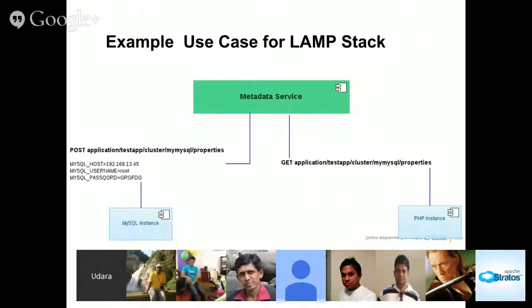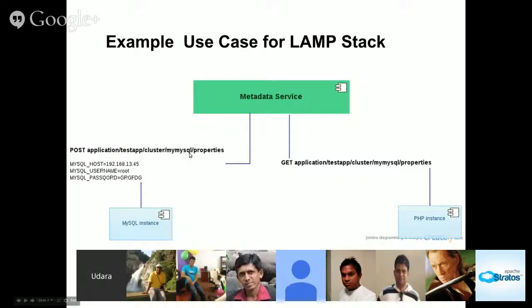So at that point, let's say another MySQL instance gets spun up by the autoscaler. When the new MySQL instance spins up, it will publish its details to the metadata service with the same alias, because the alias here is my MySQL.